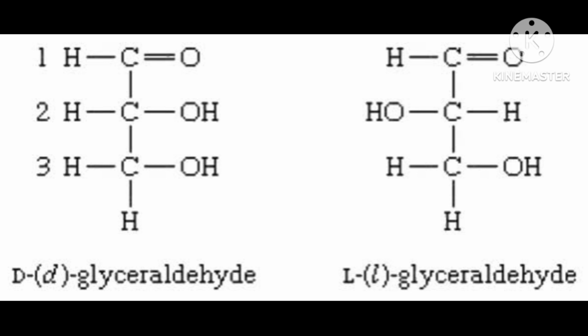In glucose, you compare with glyceraldehyde, then both are the same, right side only. In glucose, the fifth carbon, with the sixth carbon being CH2OH, has the OH on the right side. And in glyceraldehyde also it is in the right direction.